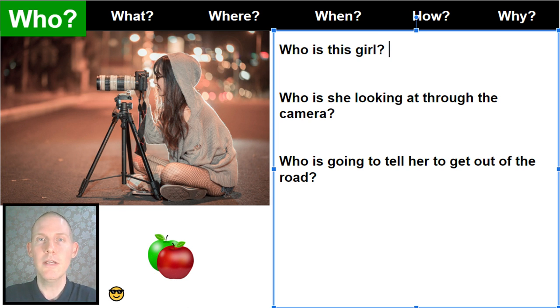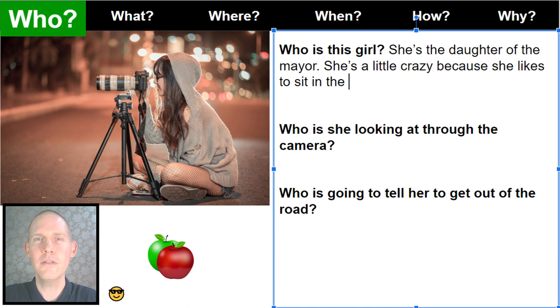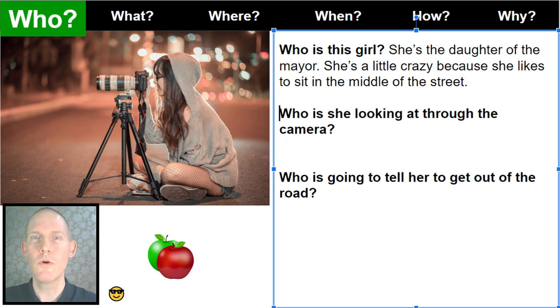Well, I could say she's the daughter of the mayor. She's a little crazy because she likes to sit in the middle of the street. Dangerous, dangerous.